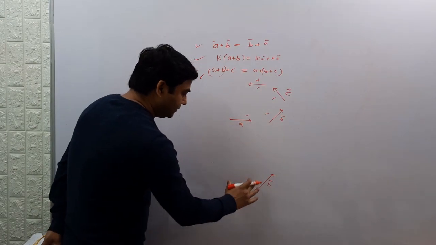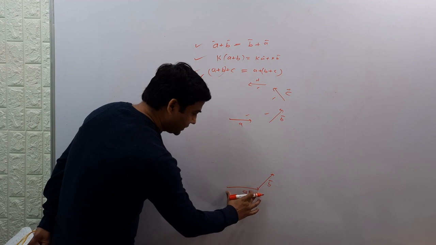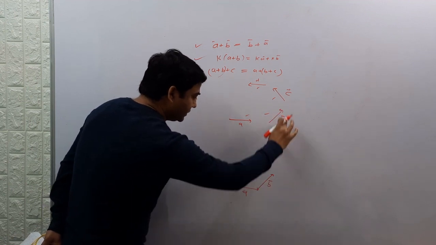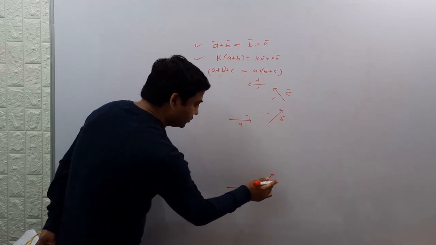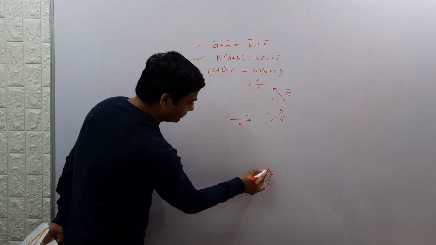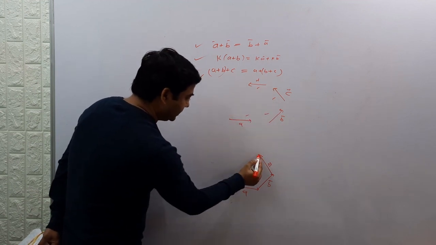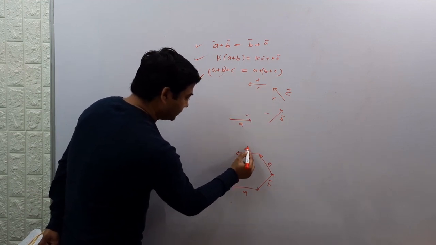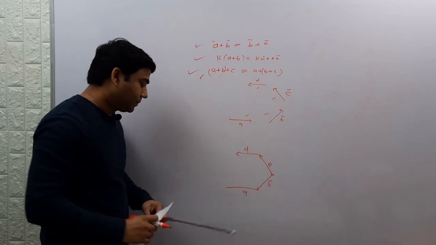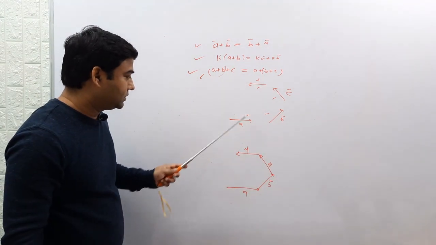Now we are adding them with the polygon law. I have transferred this vector A here, transferred this vector here to form the polygon. Now this vector can be transferred here. C. This vector is D. So we have made a polygon in a sequential manner by these vectors.